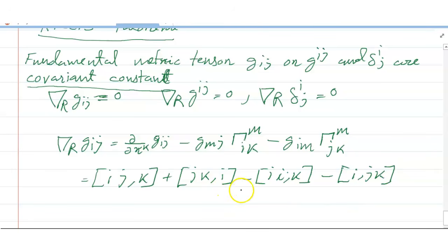So friends, whatever we see, this portion and this portion are cut, and this portion and this portion are cut, so it is 0.